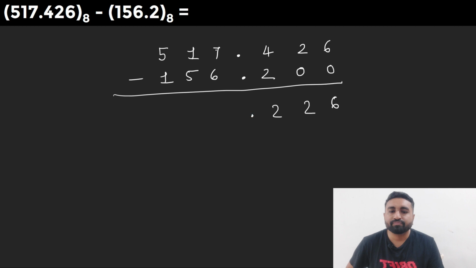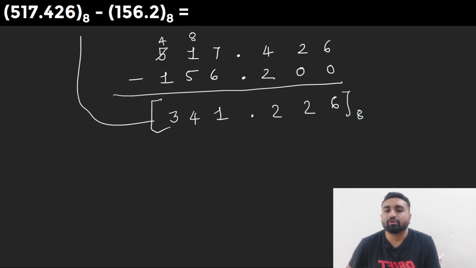It is very easy, right? 7 minus 6, it is 1. Here 1 cannot be subtracted from the 5, so we will take the borrow, 8 will be transferred. 8 plus 1 will be 9, and out of 9 if 5 is subtracted, the answer will be 4, and 4 minus 1, the answer will be 3. So this is your answer of the octal subtraction of these two numbers.